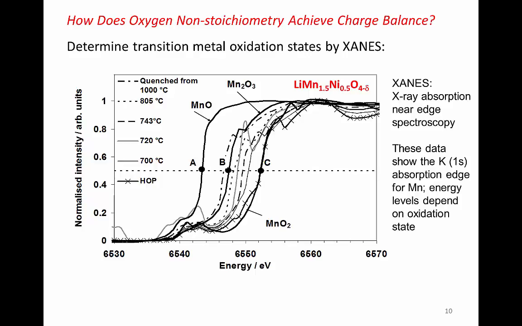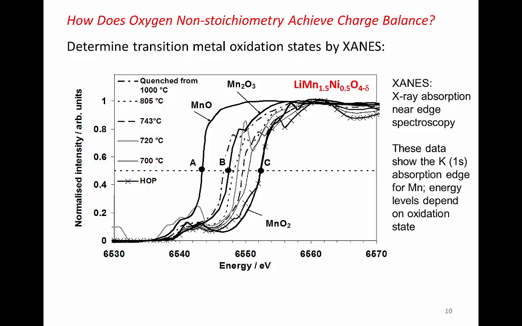You can also observe other transitions from 2s to 3p and so on, but we'll just look at the 1s to 2p transition, and that is called the K edge. And what you can do with the XANES technique is to measure the exact energy of absorption associated with the K edge. And it turns out that at precise measurements, the K edge absorption depends upon the oxidation state.